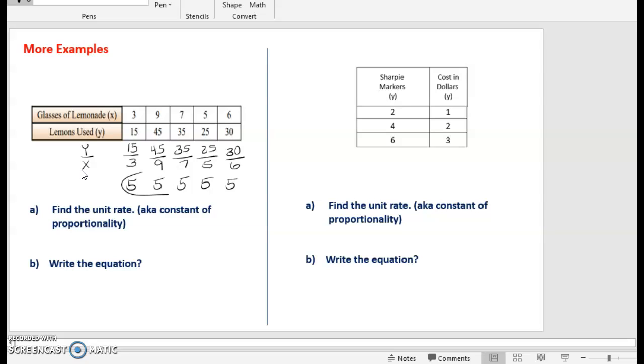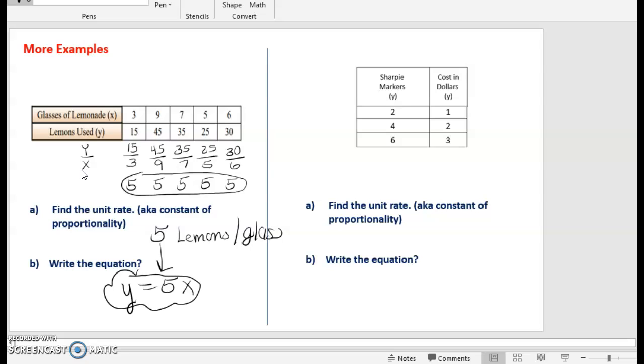And we see that our constant of proportionality, our unit rate, is 5. So 5, what? 5 lemons per glass. All right, and then our equation is y equals 5x. Our unit rate just gets plugged in.